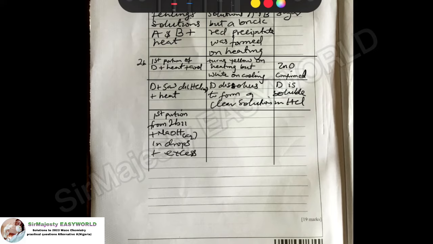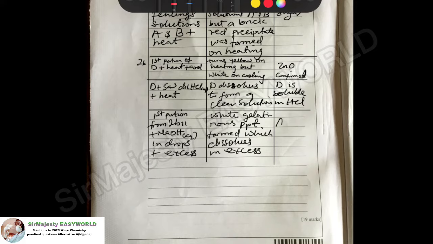You now write white gelatinous precipitate formed, which dissolves in excess of sodium hydroxide.